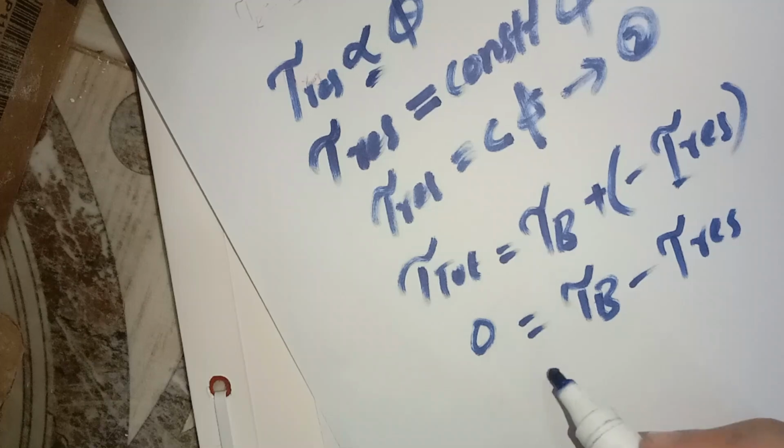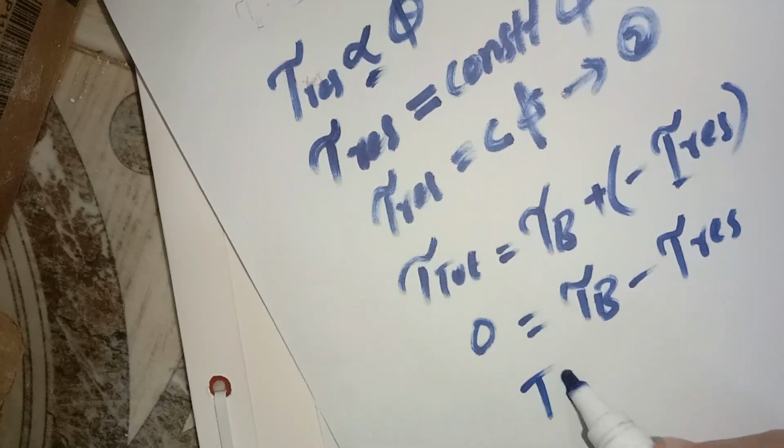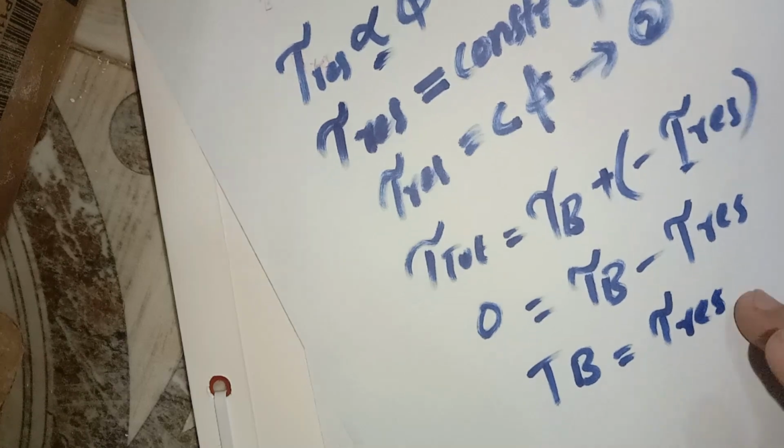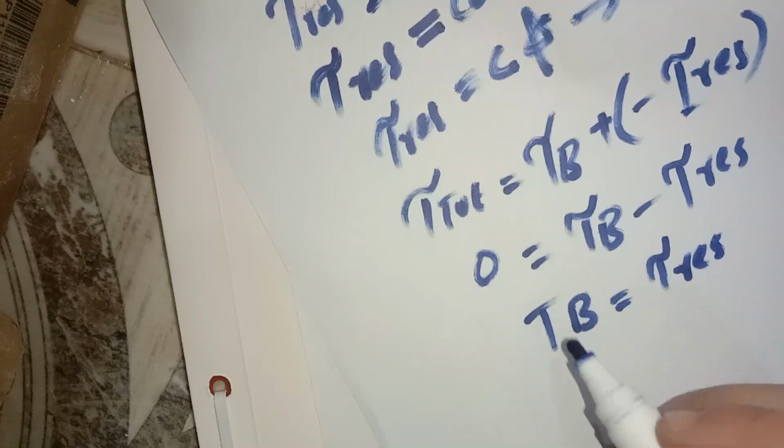If I bring this to the other side, tau B is equal to tau restoring.